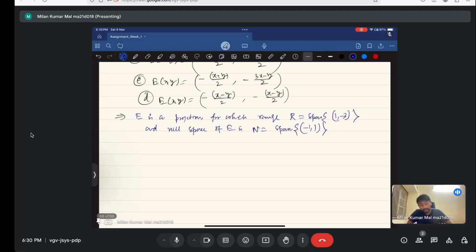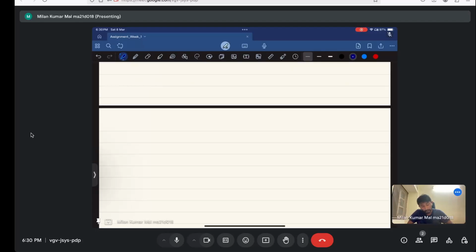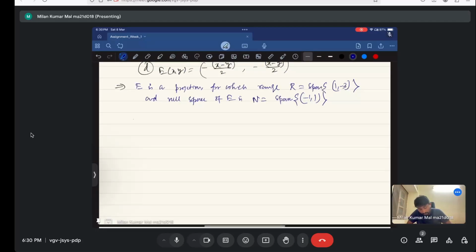Here it is asked what the expression of E is. So E of (1, -3) must be (1, -3), but E of (-1, 1) must be 0 because that is in the null space.